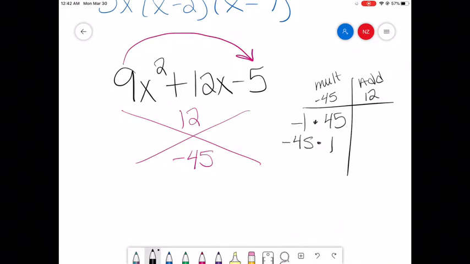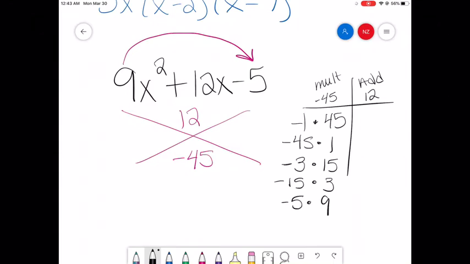Then I have 45 divided by 3 is 15, and I've got to do the reversal. And I also have 45 divided by 5. That gives me 9. And I think I already have my answer here.